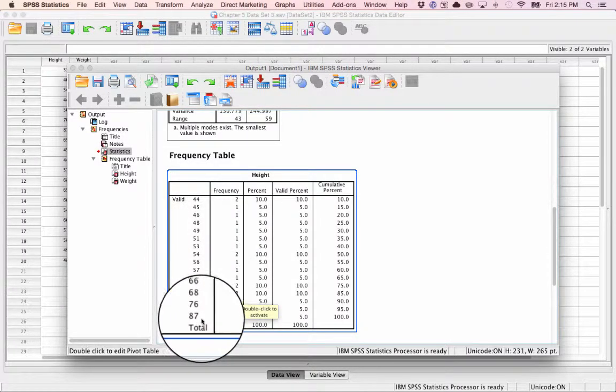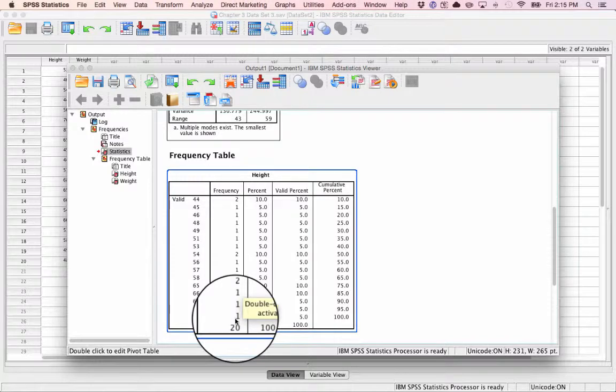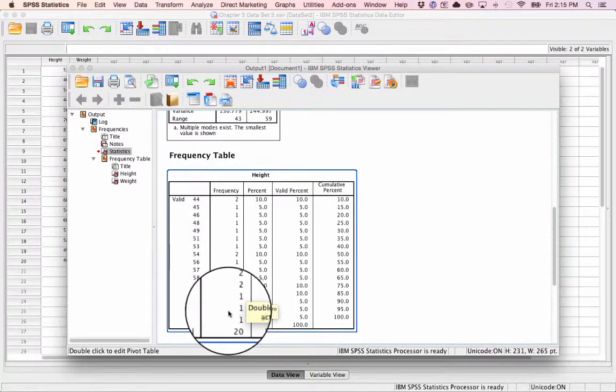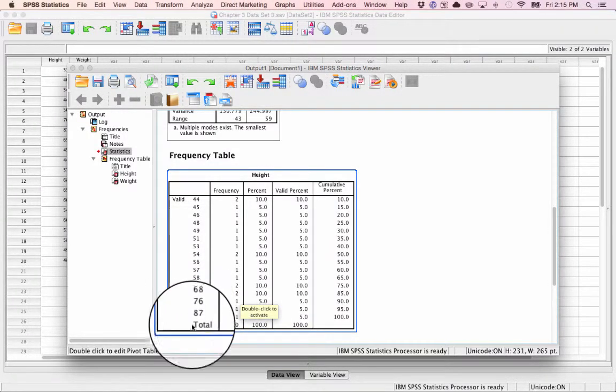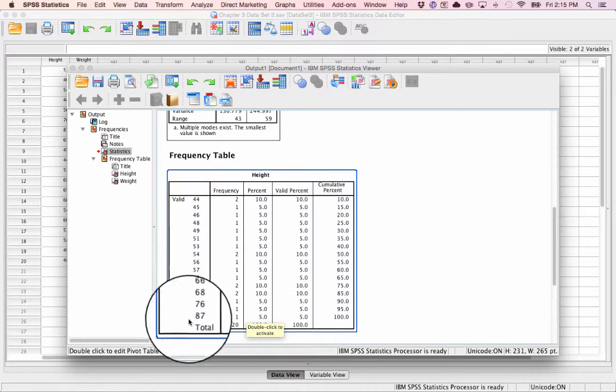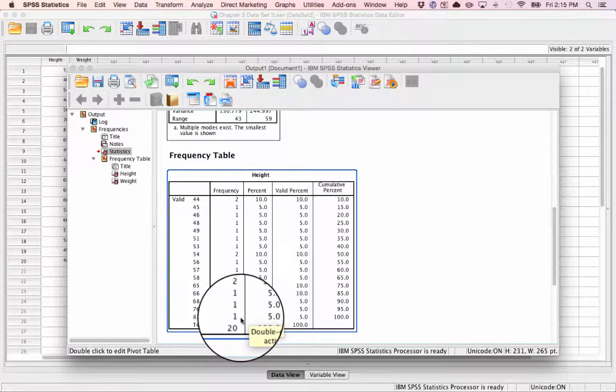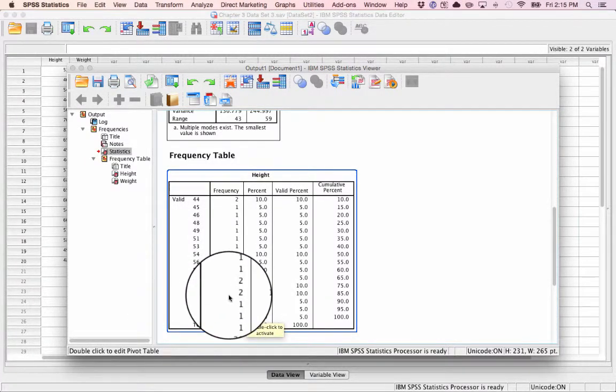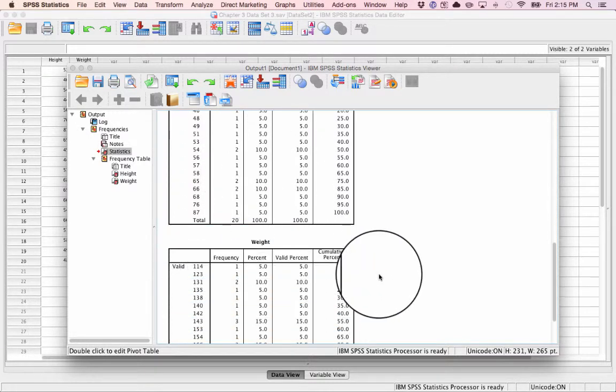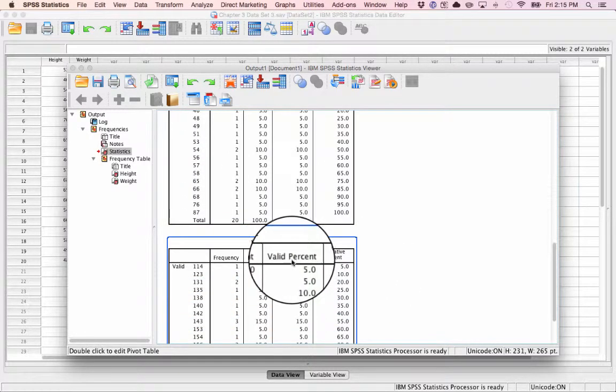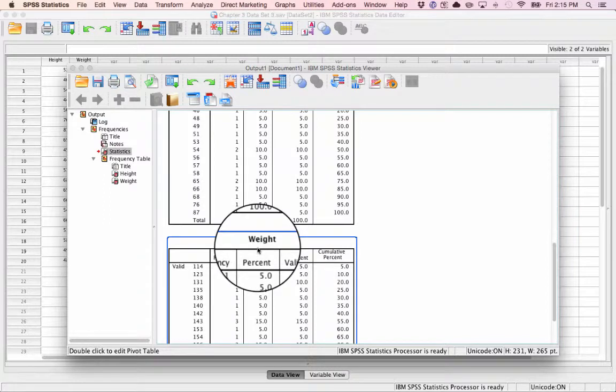For example, looking at this one woman who is 87 inches tall, and even the one who's 76. These are 2 very tall women, so we can identify them as potential outliers and see how their presence is affecting the mean.